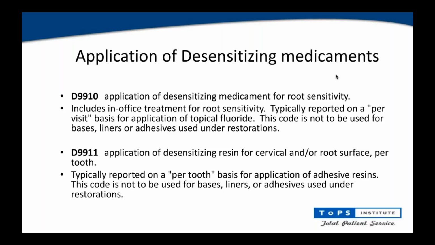The other code is going to be a 9911, and it's a desensitizing resin for cervical and or root surface sensitivity for patients. So they may come in for their hygiene appointment and have specific areas in their mouth that are extremely sensitive. Then either one of these codes, the 9910 or the 9911, would be appropriate depending upon the product that you have. If you're utilizing the resin, then you do want to make sure to use your 9911.